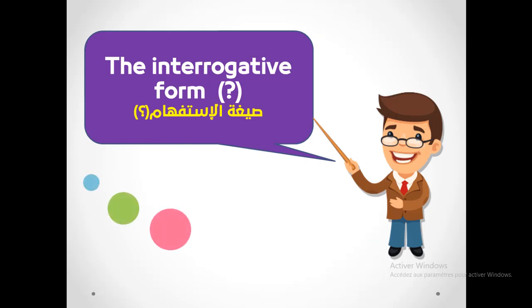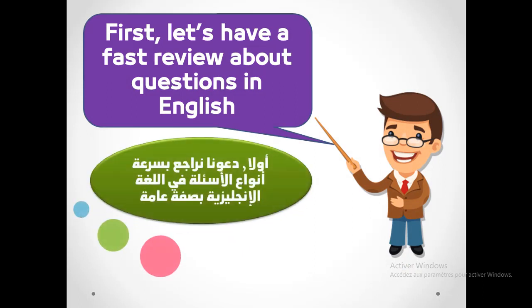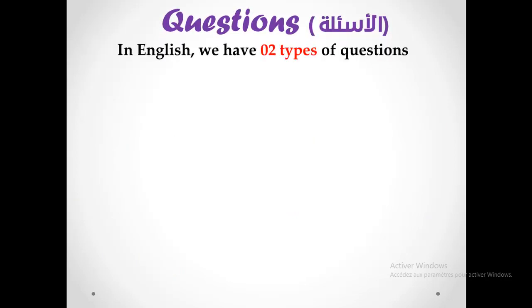Today we are going to see the interrogative form, صيغة الاستفهام, in the simple past, of course. So first, let's have a fast review about questions in English. أولا دعونا نراجع بسرعة أنواع الأسئلة في اللغة الإنجليزية بصفة عامة. In English we have two types of questions.